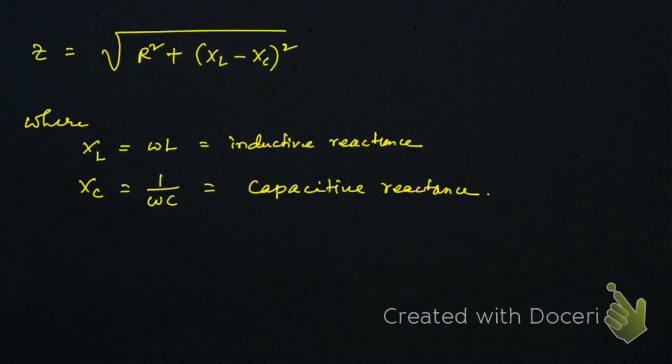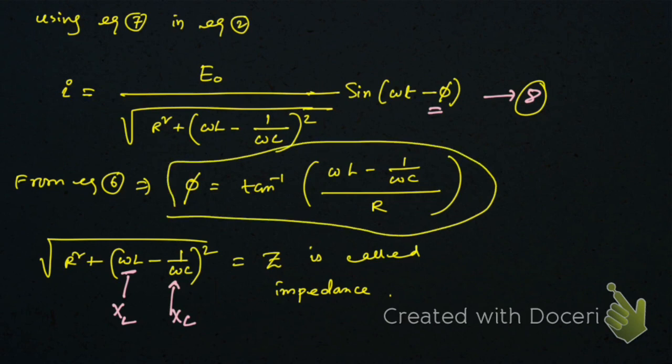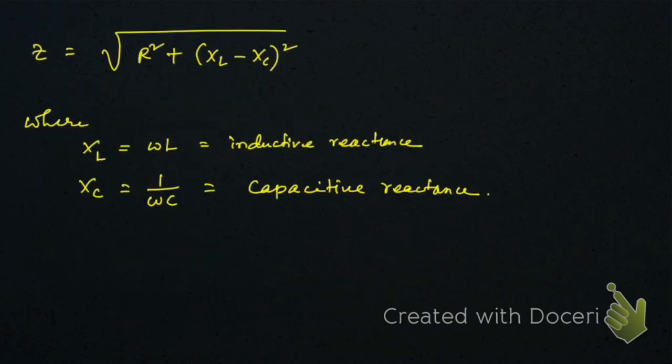Right, so we have understood this. So similarly, this phi, the value of phi, you can write in terms of XL and XC, right? So phi is equal to tan inverse of (XL minus XC) divided by R. That's what you can write.